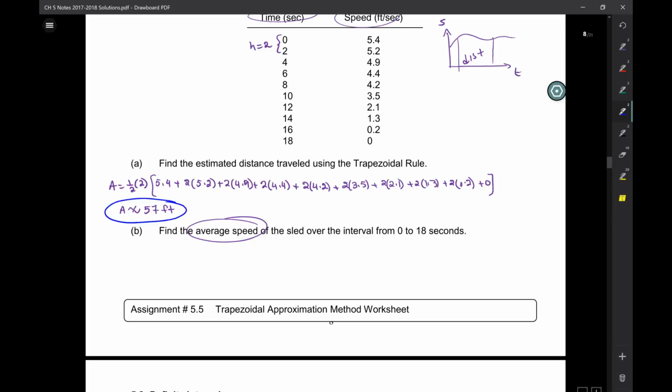What we found here, this is the total distance traveled. And if we want average speed, that's distance over total time. So it's going to be 57 over 18. And what do we get for that? Units?